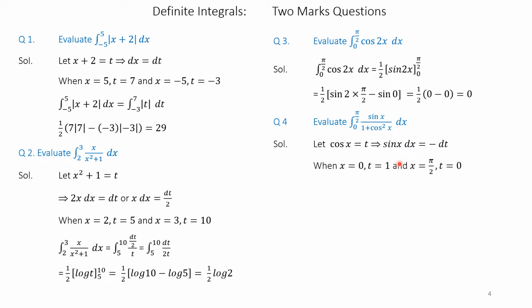Therefore, when x is equal to 0, t is equal to 1, and when x is equal to pi by 2, that is the upper limit, t is equal to 0.